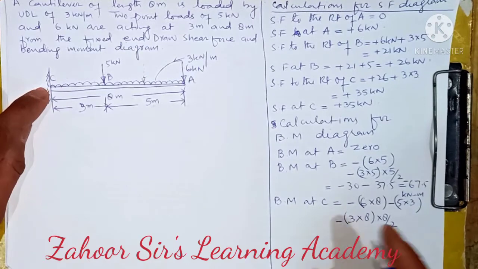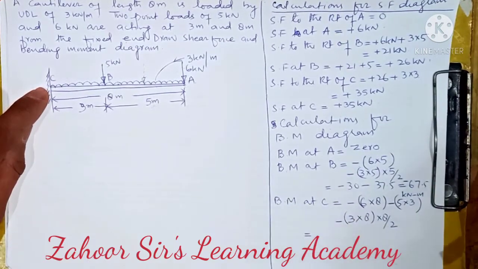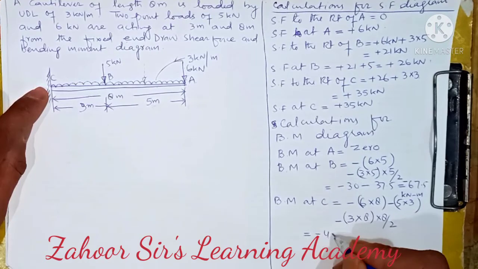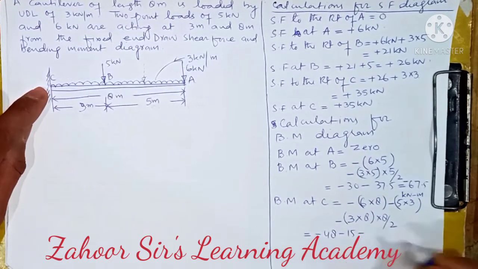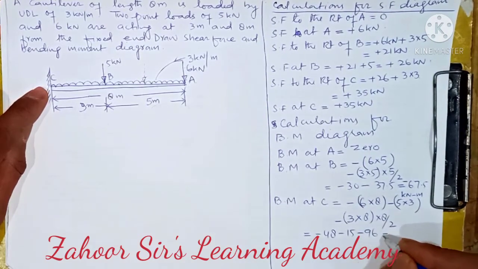So let's calculate how much the maximum bending is. It is 6 into 8, that means minus 48, minus 15, minus 3 into 8 into 4, which is 96.